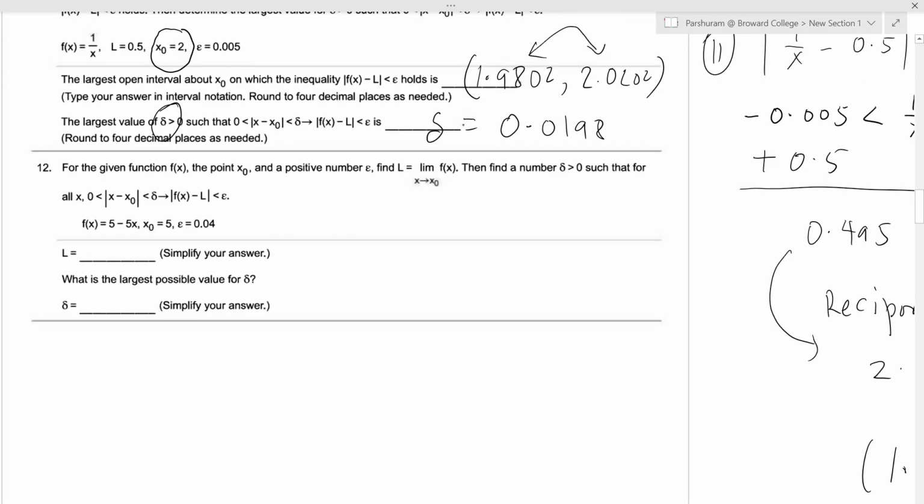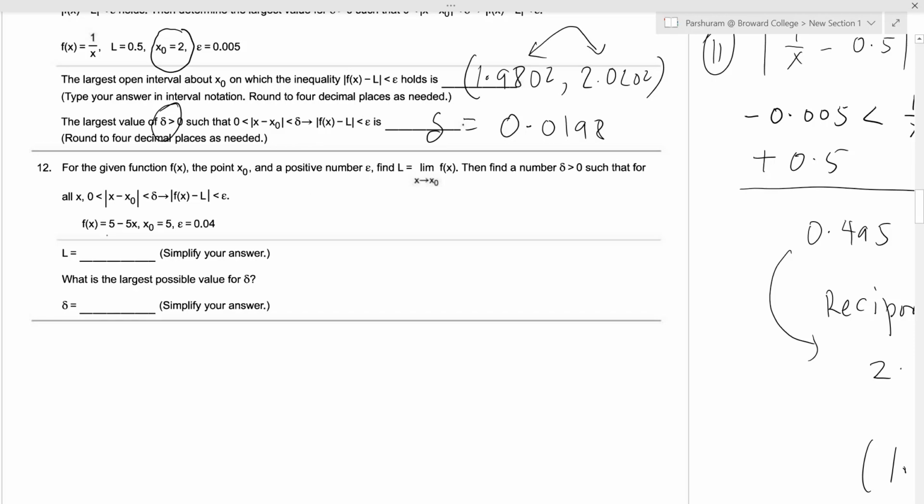And problem 12, we are going to do a very similar kind of problem here as well. For problem 12, we need to find the limit of the function f of x.